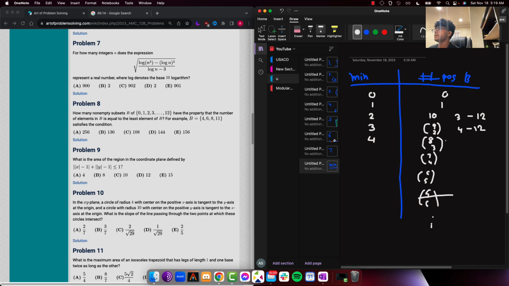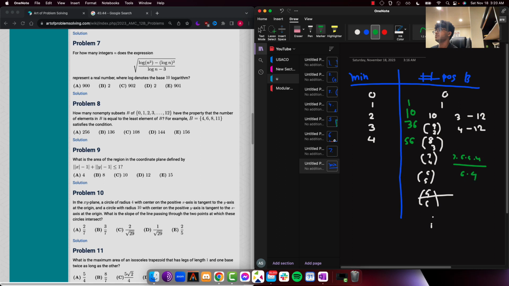Okay, so let's just calculate each of these. I'll do it in a different color. So 1, 10, 9 choose 2 is 9 times 8 divided by 2, which is 36. Then we have 8 times 7 times 6 over 6, which is 56. Then we have 7 times 6 times 5 times 4 over 4 factorial, which is 24, which is 6 times 4.